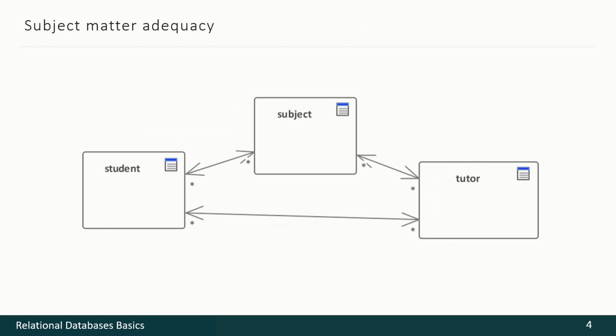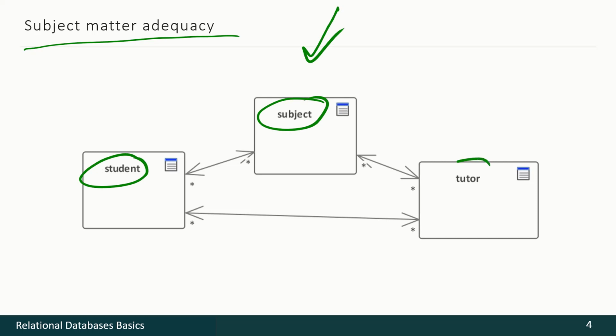But sometimes subject matter adequacy violation may not be so simple to see, to detect, to fix, and yet it will be extremely dangerous. Let's review such a database schema. Here we see student, subject, tutor. A student learns a lot of subjects, and any subject may be learned by a lot of students, so many-to-many relationship is okay here.